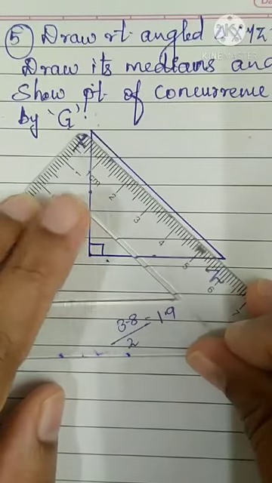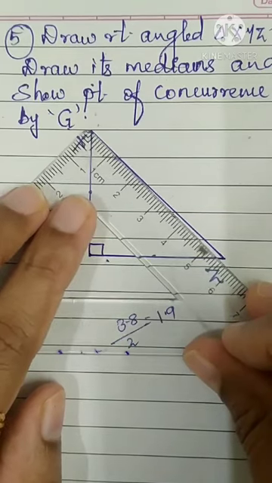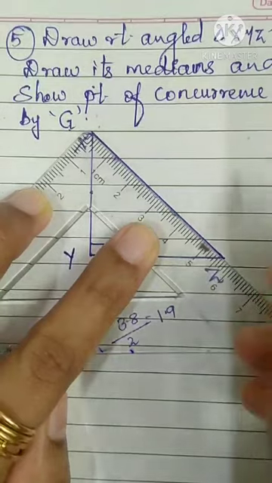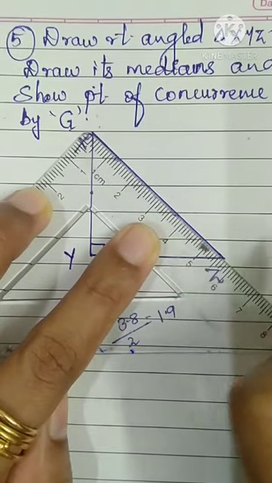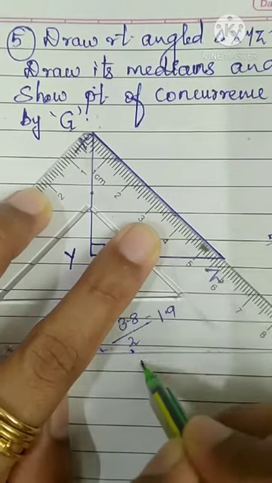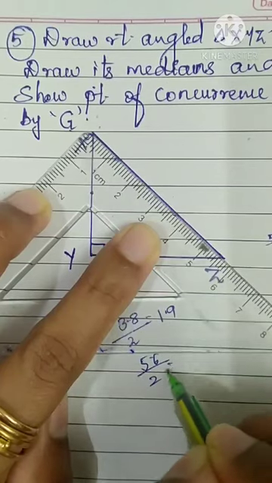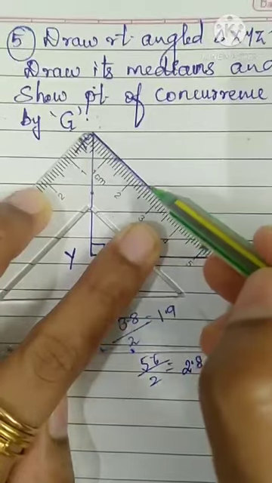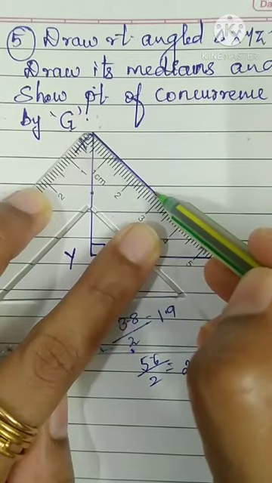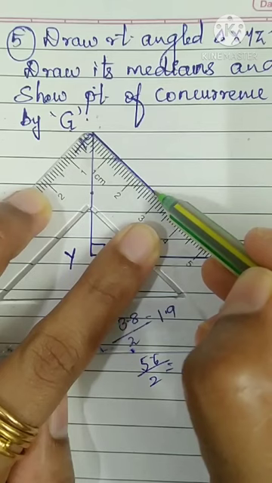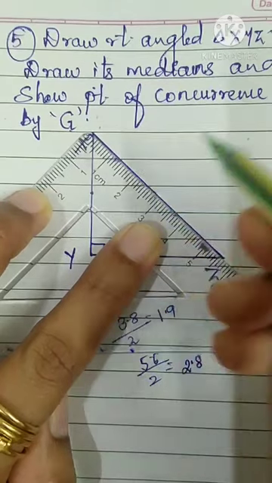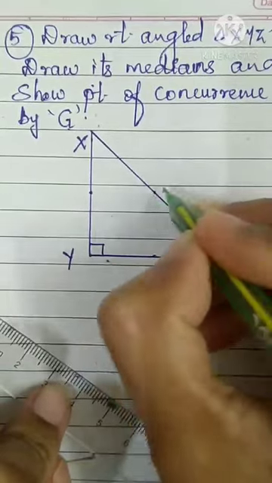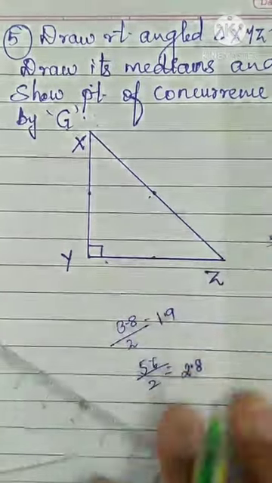Measure the length of the hypotenuse. The hypotenuse is 5.6. 5.6's half will be 5.6 upon 2. 2 8s are 2.8. So 2.5, 2.6, 2.7, 2.8. Here. So this also I got the midpoint.